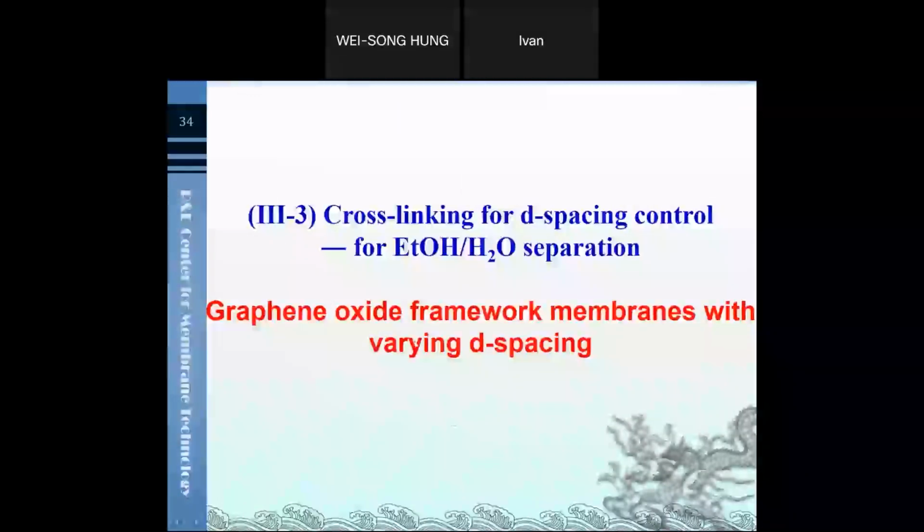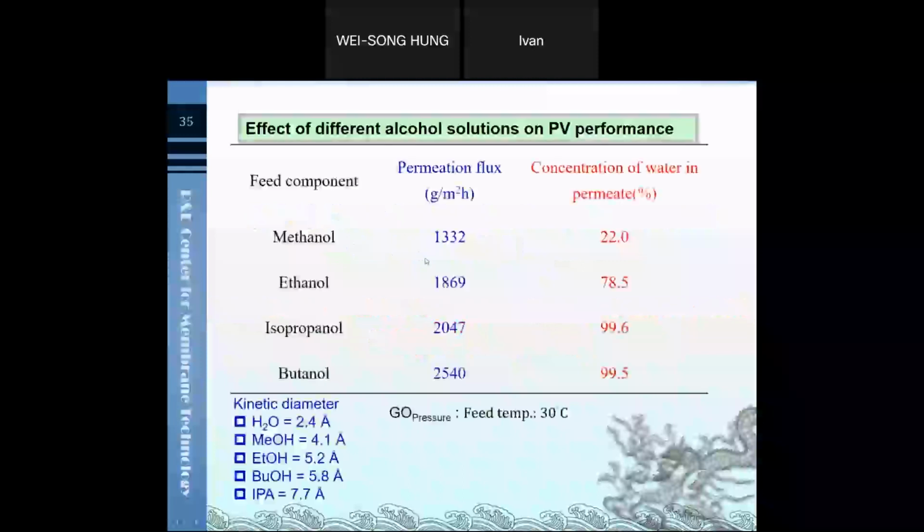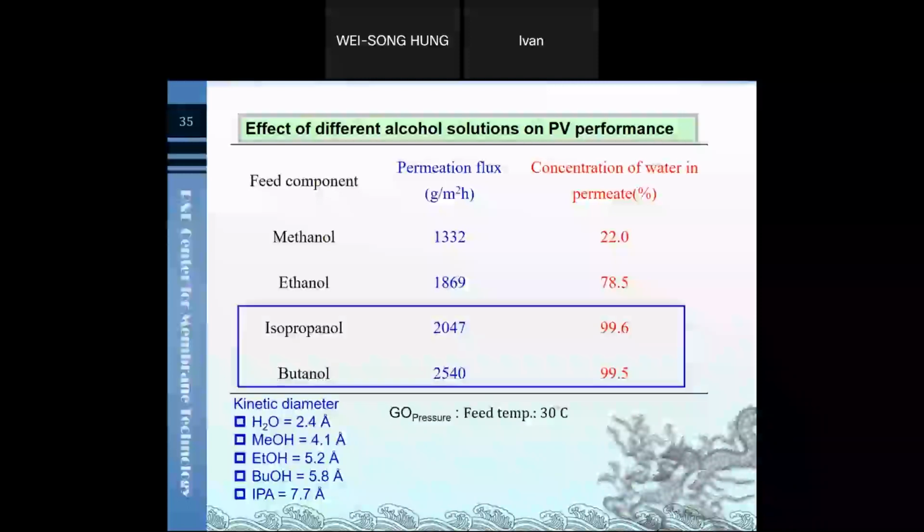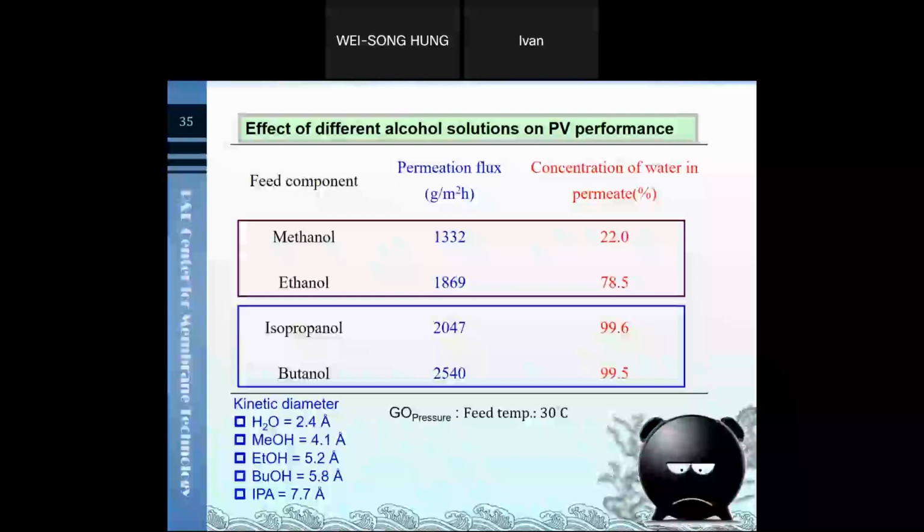Then after the butanol and isopropanol separation, we will consider the ethanol-water separation. In our original experimental design, we expected the graphene oxide membrane could be used in the separation of ethanol and methanol, but it was not so.